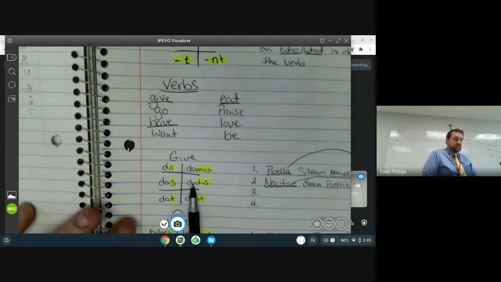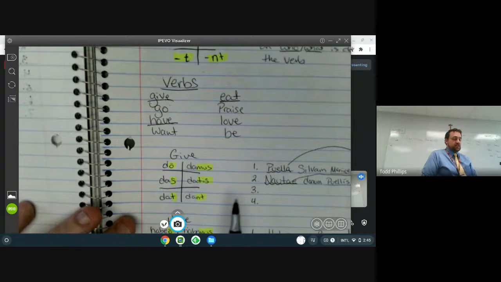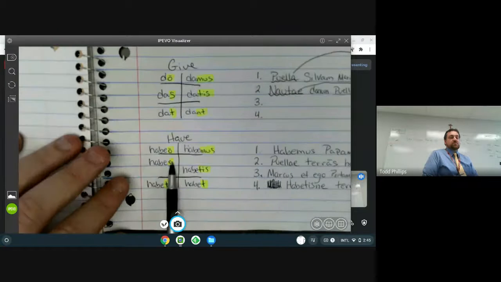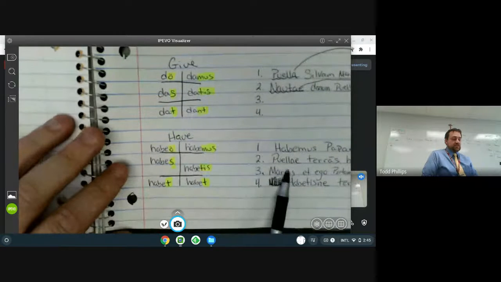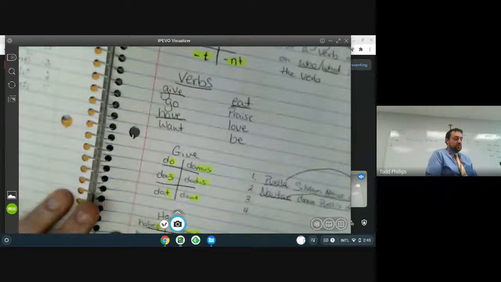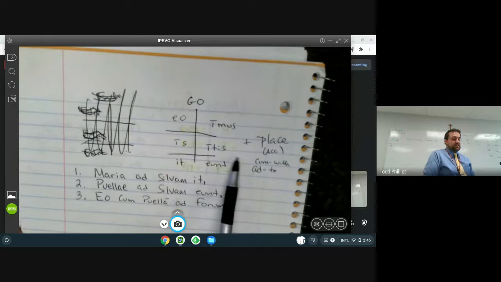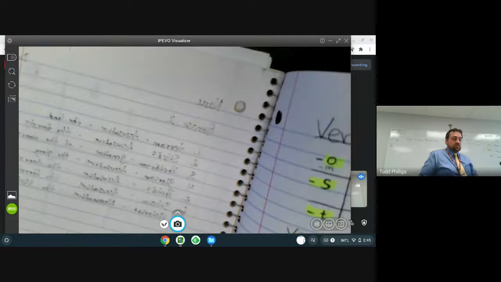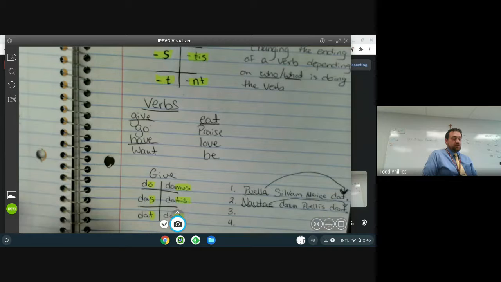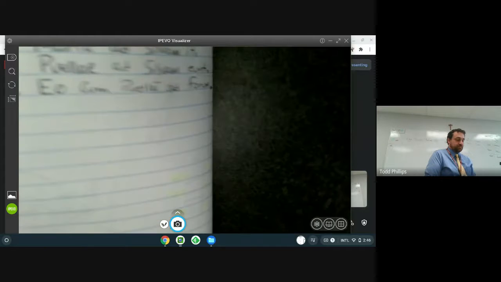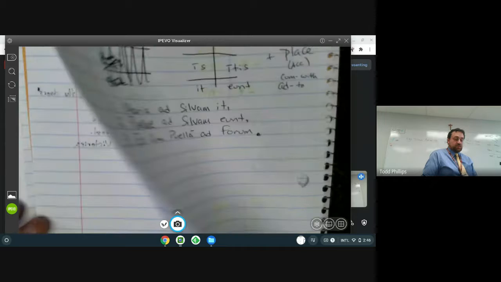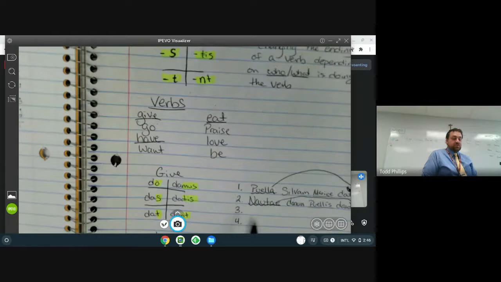And with go, if we're talking about going to a place, we always put that place in the accusative. Okay? So going places always means that, or entering places. It's kind of the same thing.